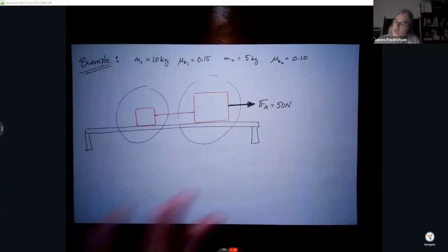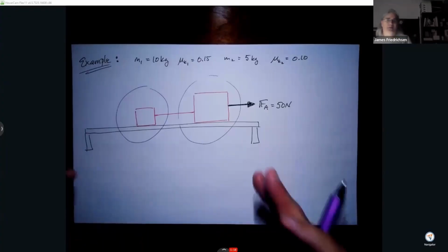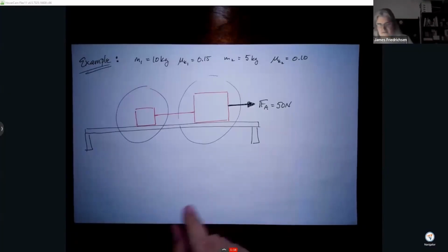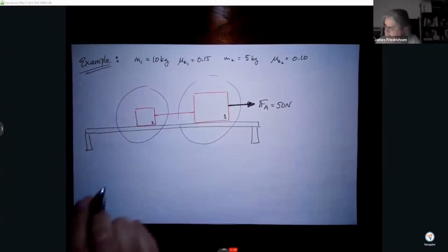So that one always works. There are other techniques, but we don't have a lot of time, so we'll just learn the one that always works. So that's the reason for doing this one. And so I'm going to label this one as box 1, and this one is the little box 2.